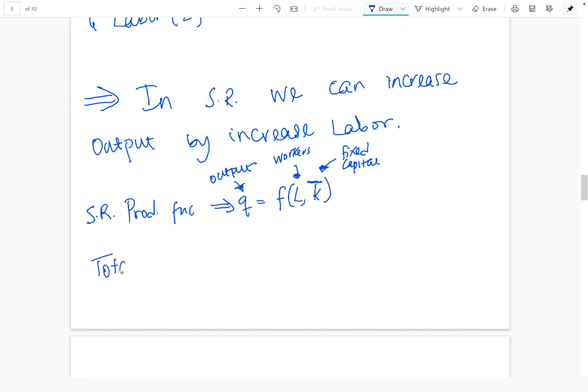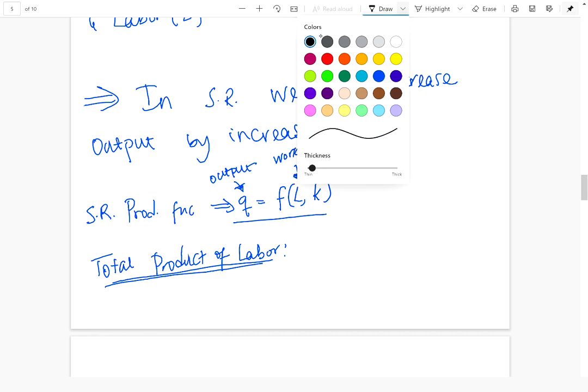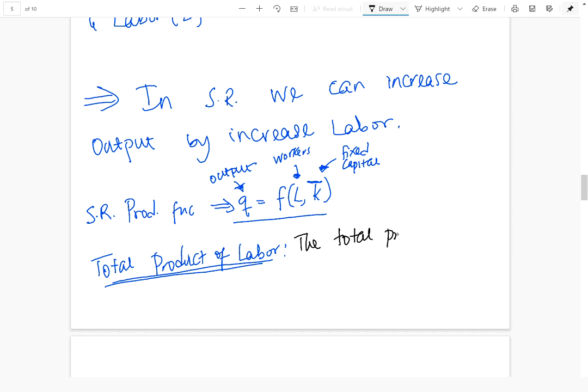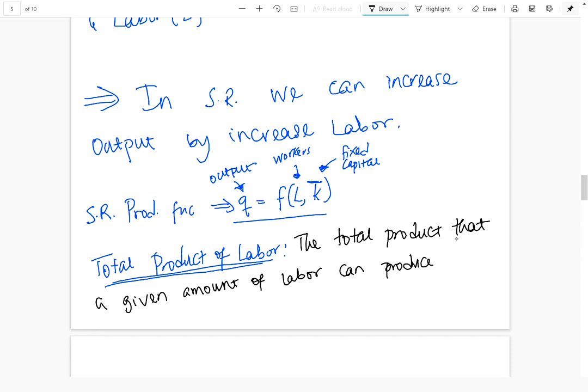Now note that the total product of labor, which is what this function is, shows us the total product that a given amount of labor can produce, holding the quantity of the other inputs, which in our case is just capital, fixed.